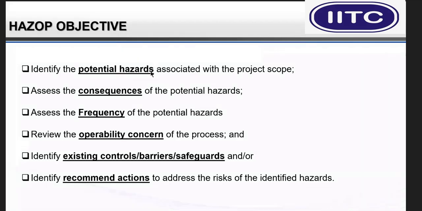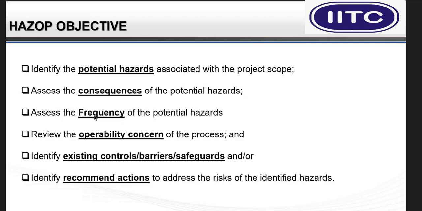After identifying the potential hazard, we have to assess the consequences. If the hazard is realized, what would be the consequence of that hazard or scenario? After that, we need to identify the frequency of that occurrence.